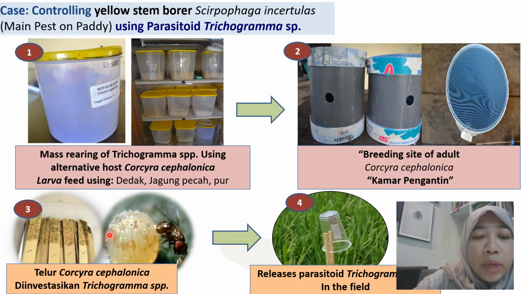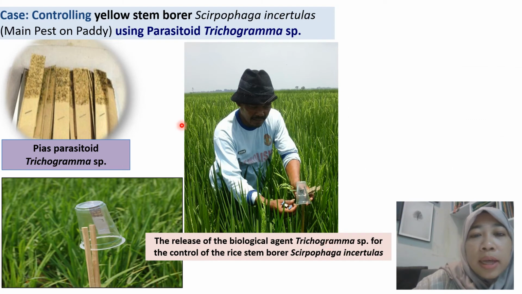After that, we parasitize these eggs of Corcyra cephalonica with the parasitoid Trichogramma sp. So Trichogramma spp. will inject the Corcyra cephalonica eggs one by one. After that, we can release the parasitoid in the field. This is how the farmers do it in Karawang.